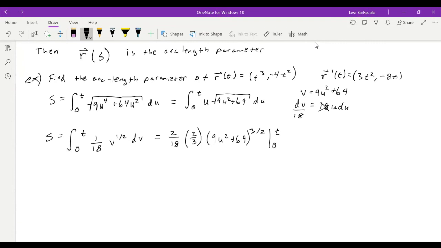I went ahead and substituted my v right back out. I'm not quite sure where this 2 came from right here. That should be a 1 over 18 still.